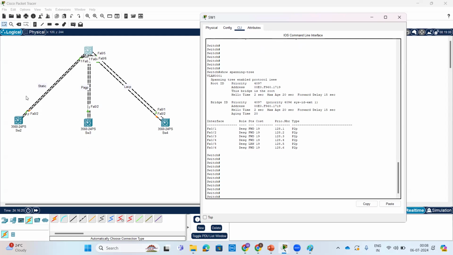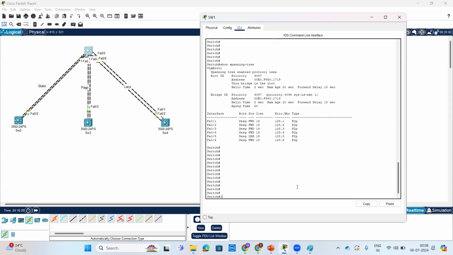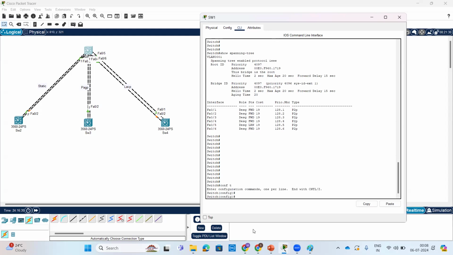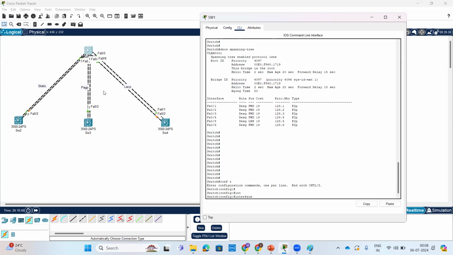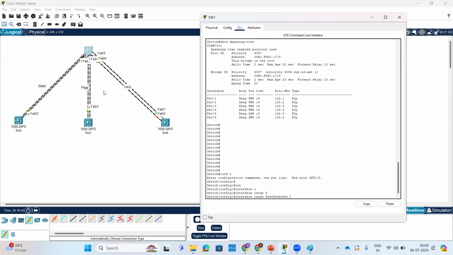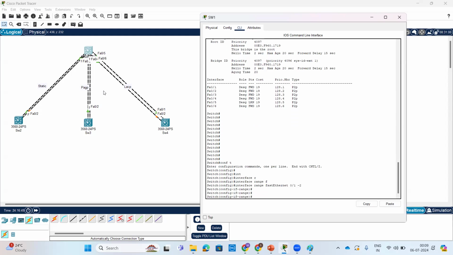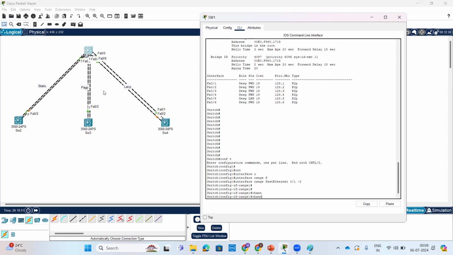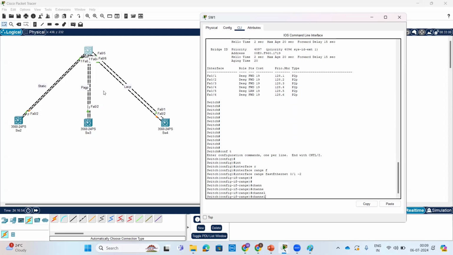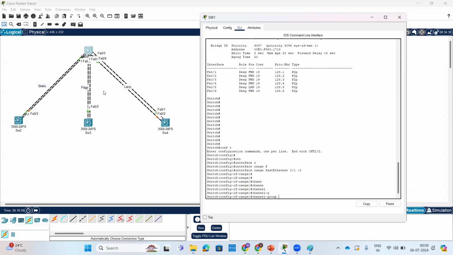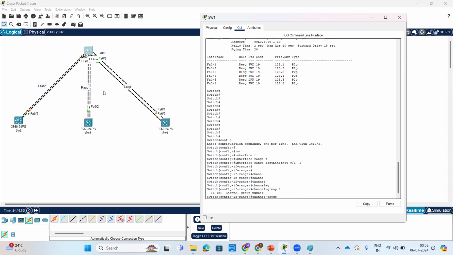In between these two switches the port channel is static. So config terminal. First select the interfaces you want: interface range FastEthernet 0/1 to 2. Then channel-group.